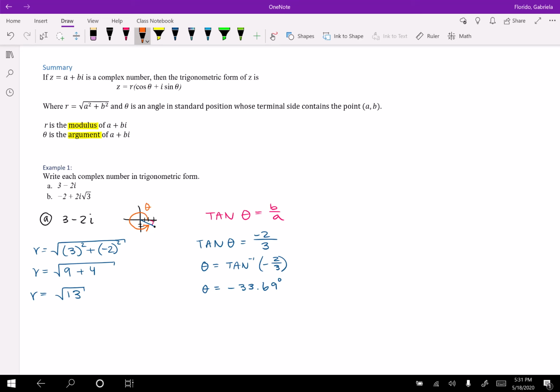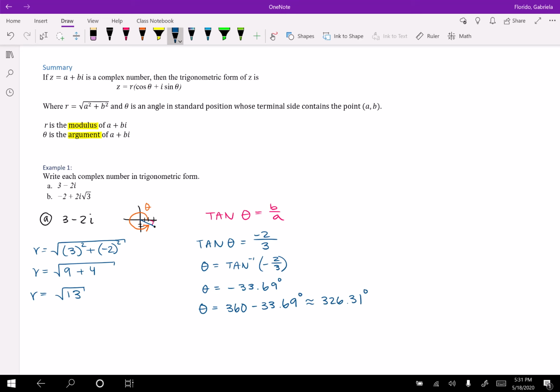And so if I do 360 degrees minus 33.69, then I would get the angle in standard position. So the actual theta that I'm looking for is equal to 360 degrees minus 33.69 degrees, which is approximately 326.31 degrees.